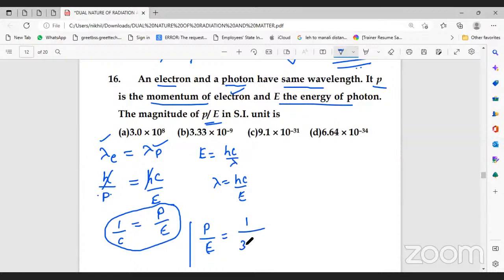That is speed of light, 3 into 10 power 8. What is 1 by 3? 0.33 recurring. So it becomes 10 power minus 8. Or you can take this as 3.33 into 10 power minus 9. So option B.